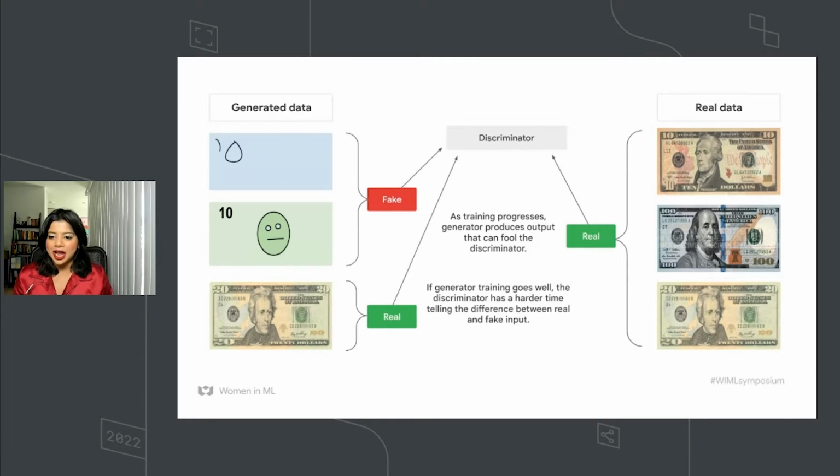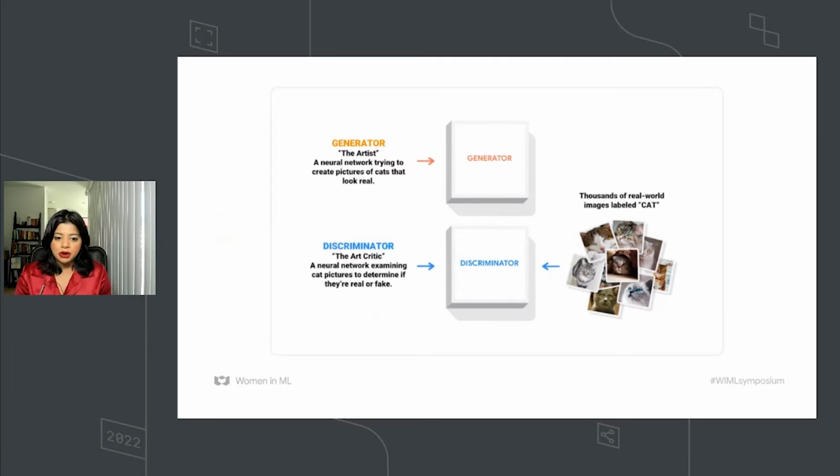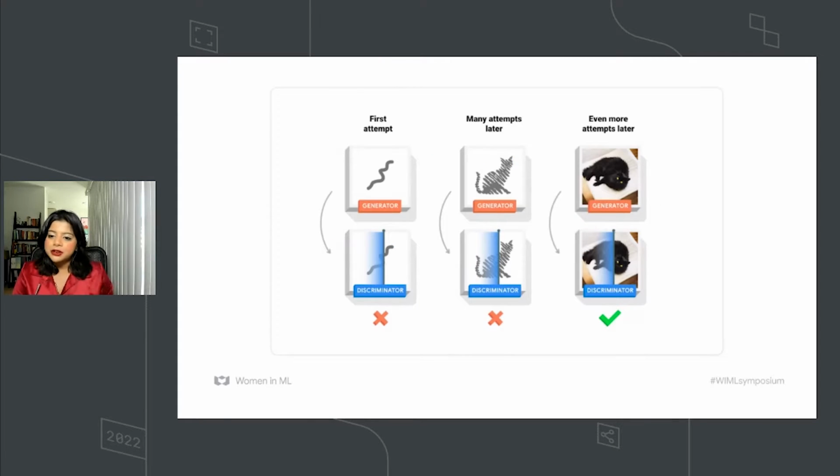And here's another representation or metaphor of the GAN structure. The generator is a neural network attempting to create pictures of cats. In a way, it's like an artist trying to perfect its work. And the discriminator acts as an art critic and tries to discern which pictures are a closer representation of cats than others. After a few attempts, the discriminator has a harder time determining which are real data points and which are generated.